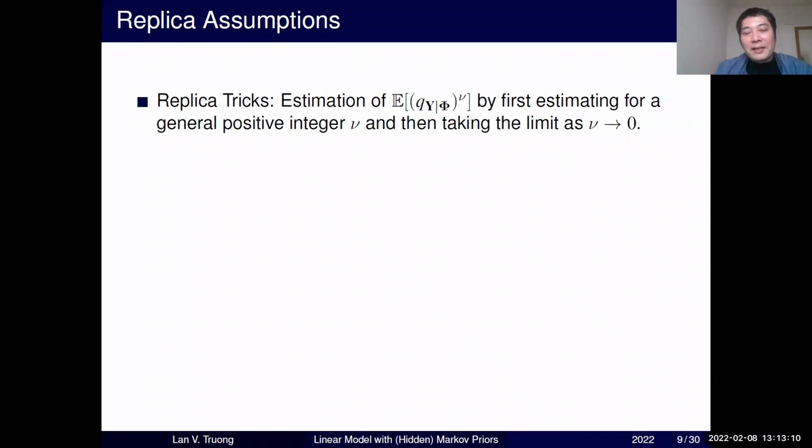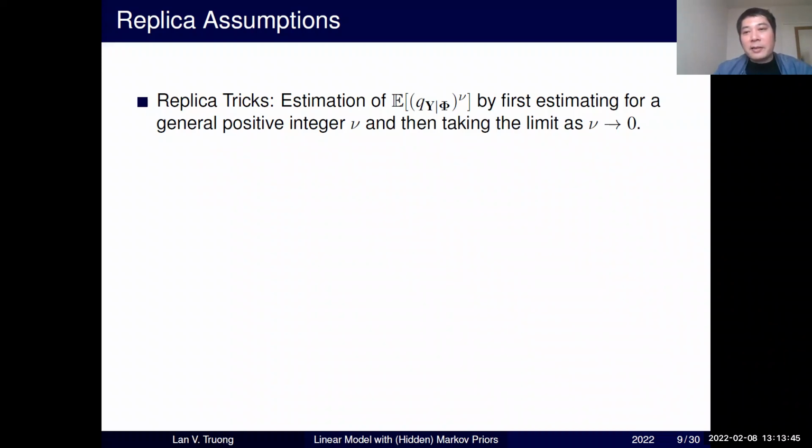For example, if we would like to estimate the limit of this quantity, we estimate it for some positive integer nu, and then we take the limit as nu tends to 0 to obtain the limit of the quantity. This assumption looks not really accurate.